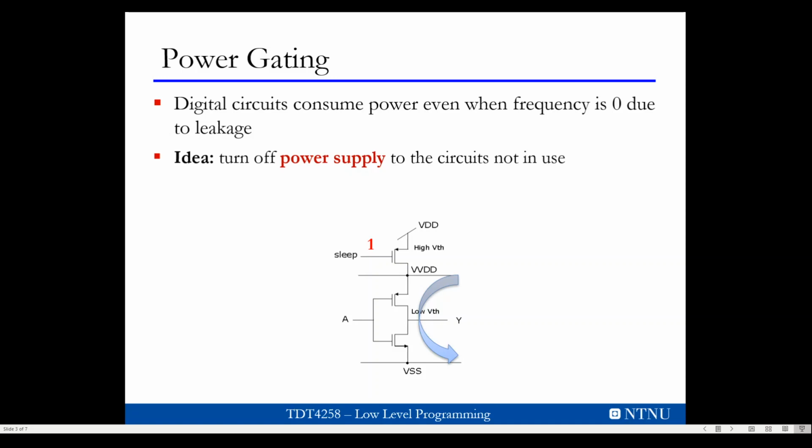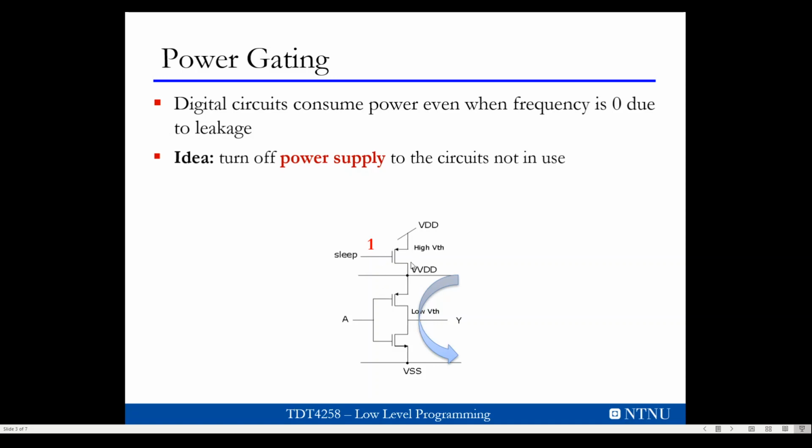One of the questions you can ask here is, maybe we have disconnected this part of the circuit from the power supply, but this transistor is still connected to the supply, so there will be leakage here. Well, you're right, but the trick is you make this transistor in a high threshold technology, because if the threshold is higher, there is less leakage, whereas the leakage increases when we go to smaller and smaller technology nodes.